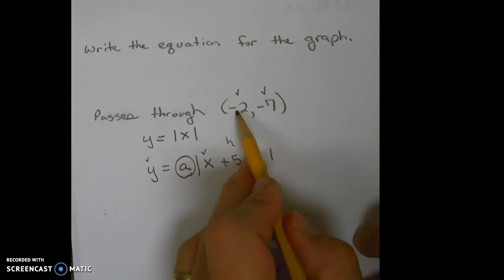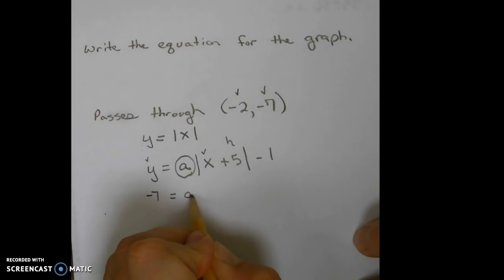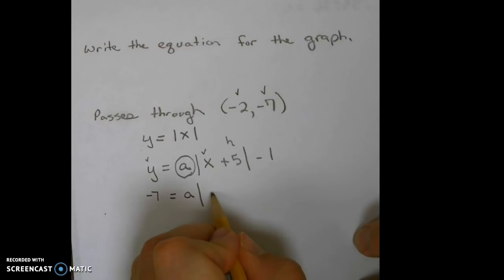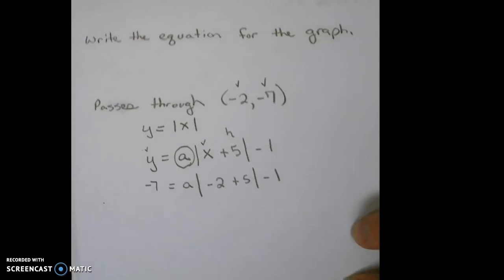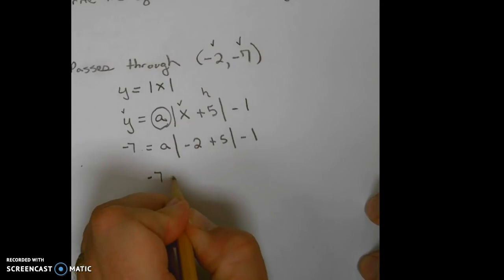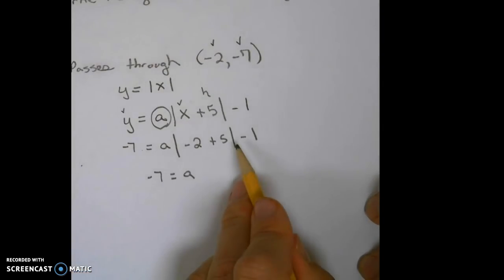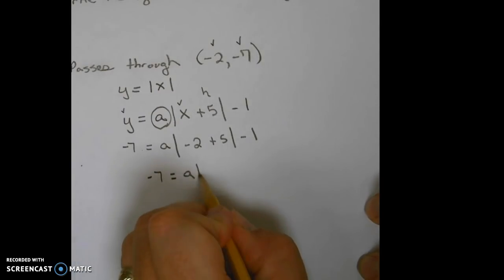So let's plug this information in. So -7 goes in for y. -2 goes in for x. And we're solving for A. So remember that absolute value represents a grouping symbol, so we're going to do what's inside here. So that's going to be the absolute value of 3.